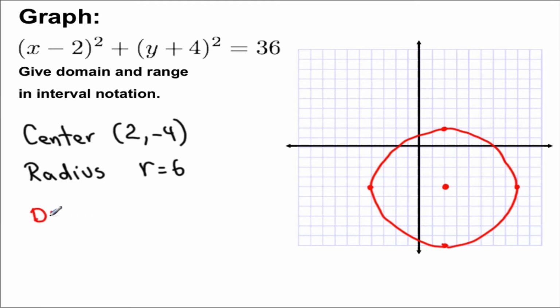The domain will be all the values for the x values. So in this case, the domain is going to be from -4 to 8. And the range is going to be all the y values.